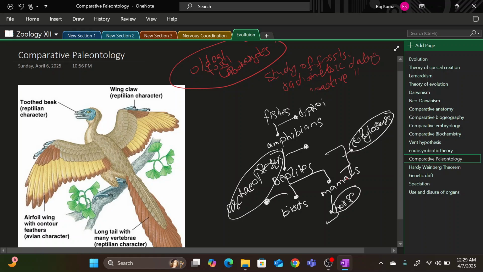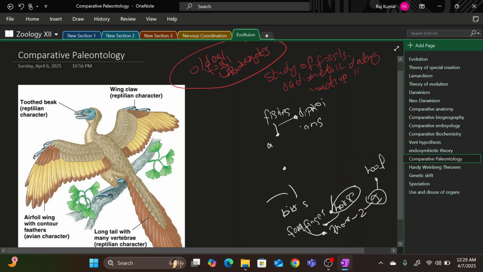There are certain fossils which tell us that horses previously used to have four fingers, and then gradually their number of fingers decreased to three, and then two, and then one, and that one finger was modified in the form of a hoof, which helped them to run really quickly. In that way, this is how paleontology helps us in understanding evolution.